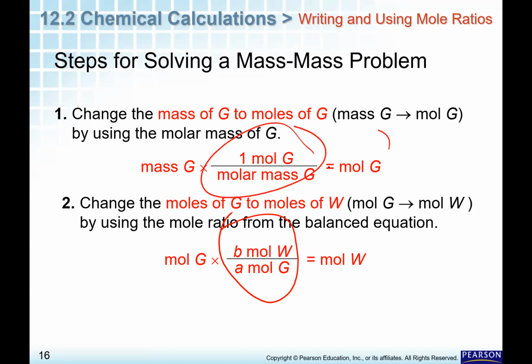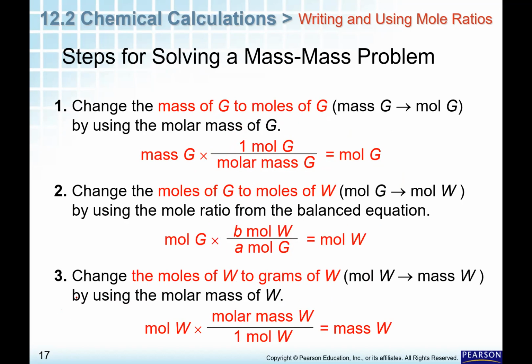Once we get the moles of the reactant, then we convert it into moles of the product using the conversion factor from the chemical equation. Number 3 here will be to take the moles of W back into mass of W using the molar mass of W. That's what we need to do.